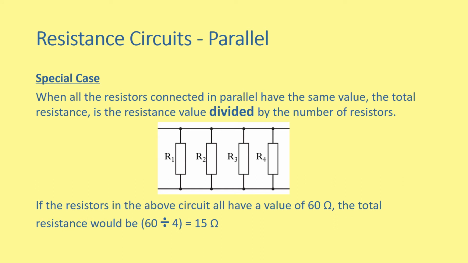So if all the resistors in the above circuit had a value of 60 ohms, the total resistance would be 60 divided by 4. If I had 6 resistors of 60 ohms, then the total resistance would be 60 divided by 6, which would be 10 ohms. Which again follows the rule that as we add resistors in parallel, we are reducing the overall resistance.